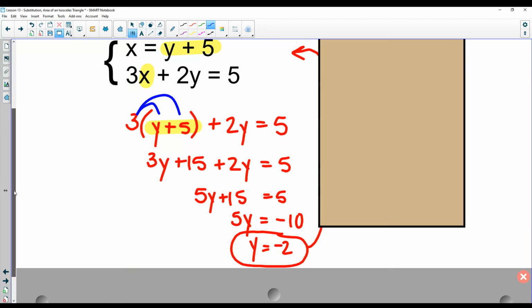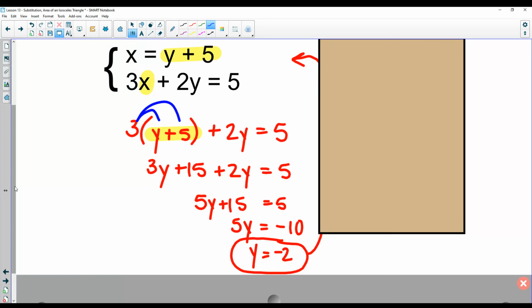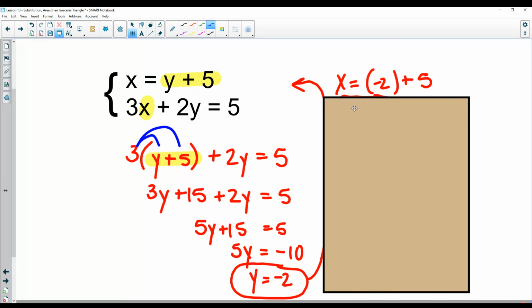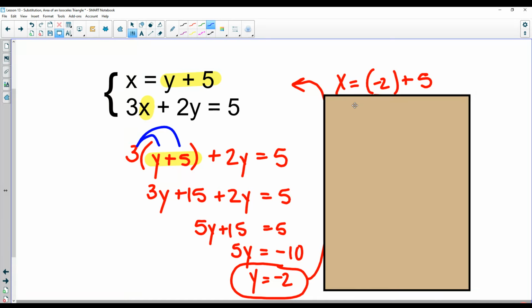You're going to take that value of y and you're going to plug it into one of the equations. So probably the best equation to substitute it into is that first one because it's already written in terms of x, and that's what we want to find, right? x equals what? So that first equation, we're going to substitute the y value in place of y.